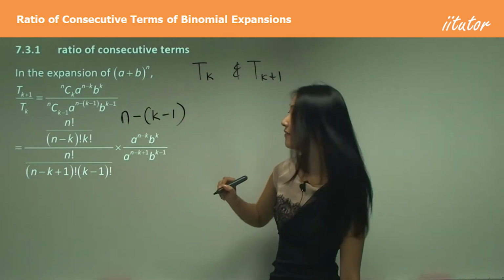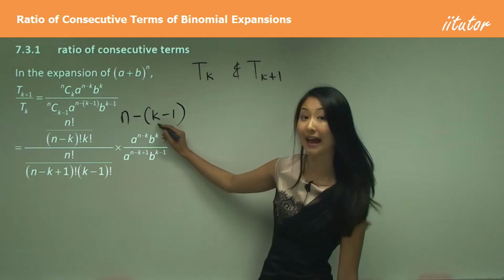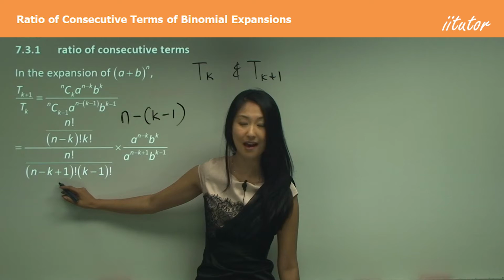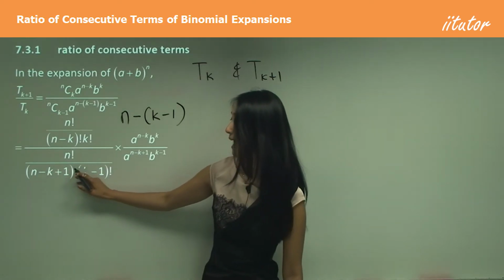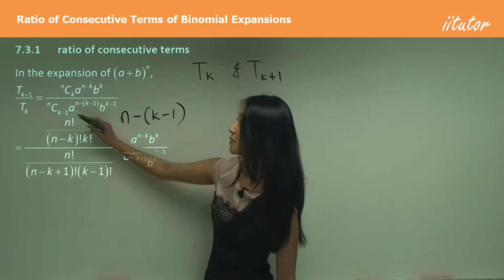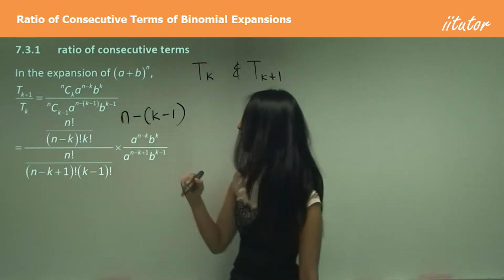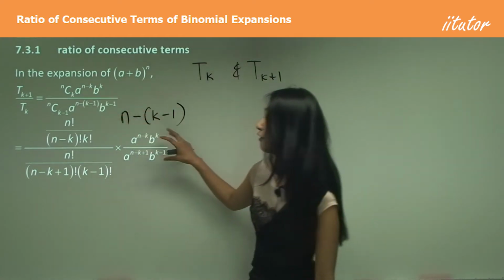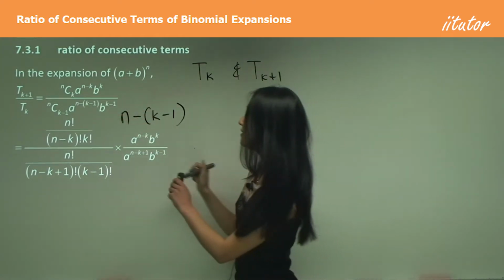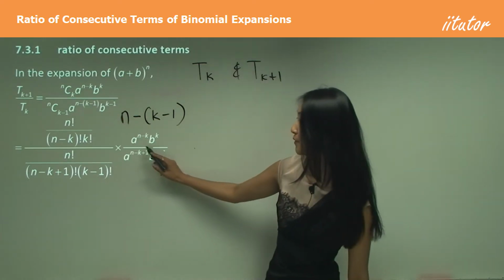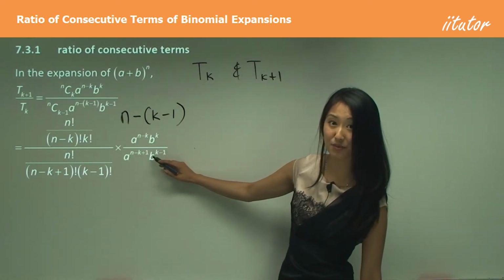So can you see how that becomes n minus k, but the minus times the minus makes it plus 1 there, yeah? Then that's how we get n minus k plus 1 factorial, and this is just k minus 1 factorial from there, all right? And the other little step we've done is we've just broken off that bit to there, and this n minus (k minus 1) I've also made into n minus k plus 1.